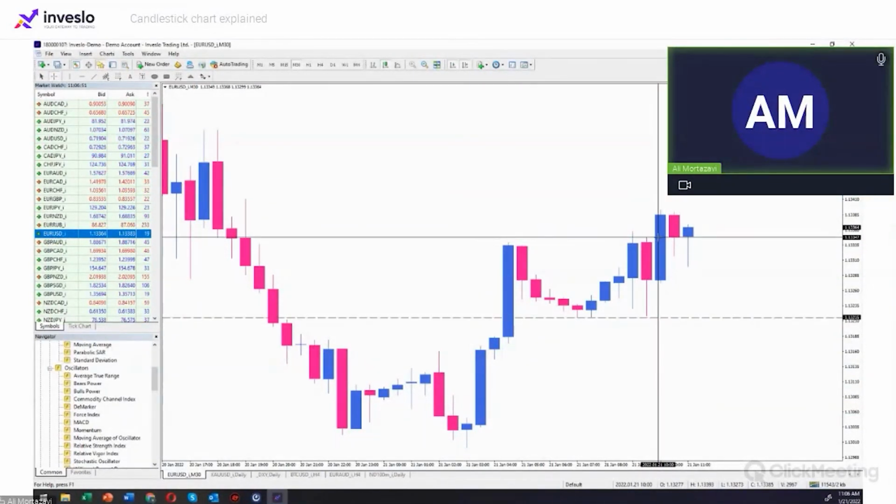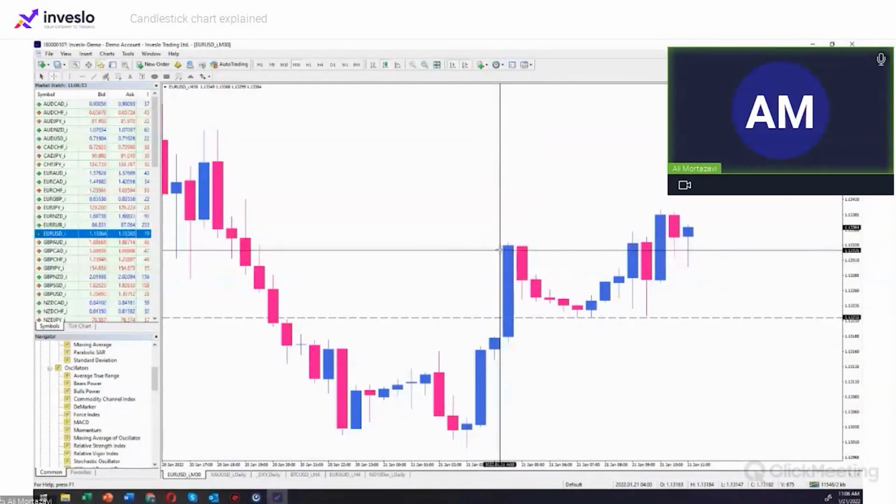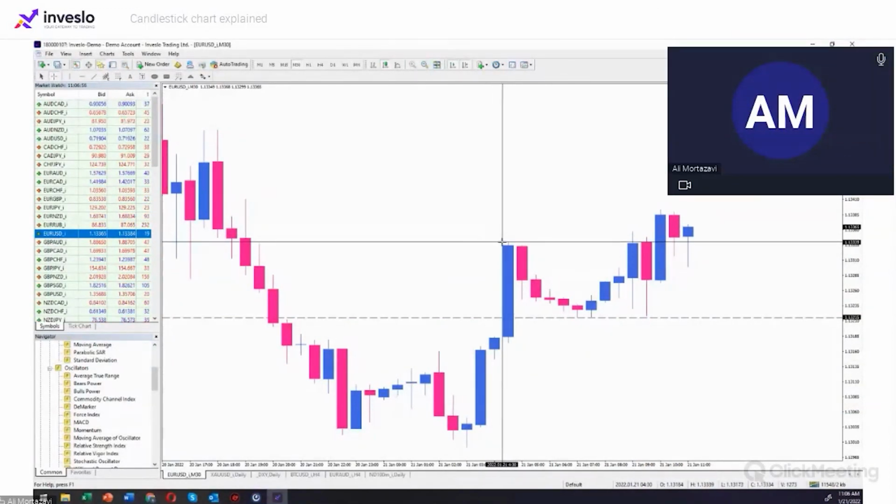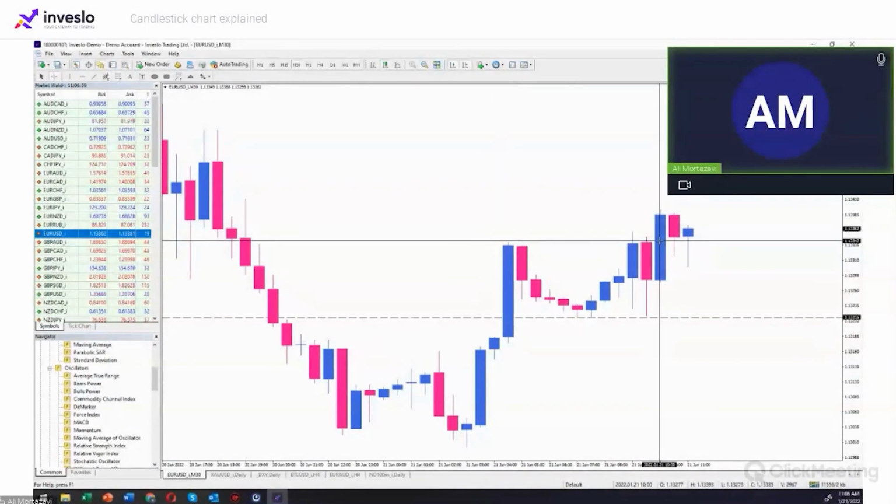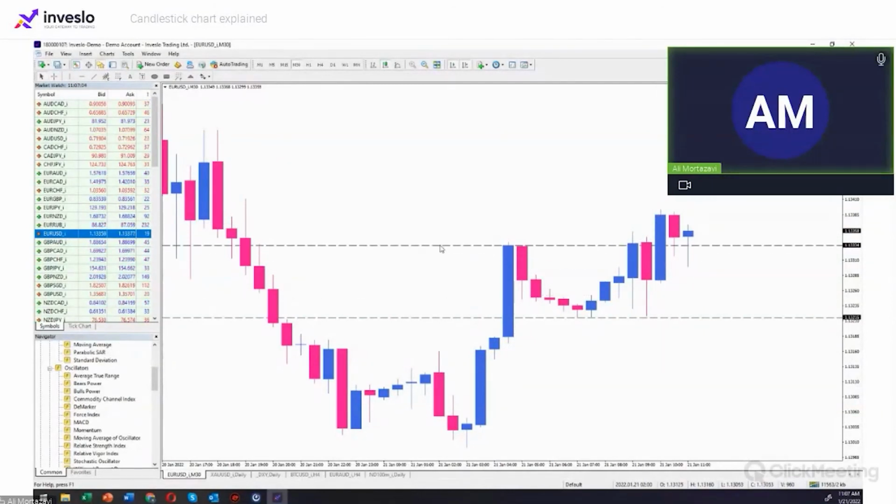So I can rely on this support level as a reliable support level. And also I have this previous top here, and see the market reached levels above this market top, my previous top here.